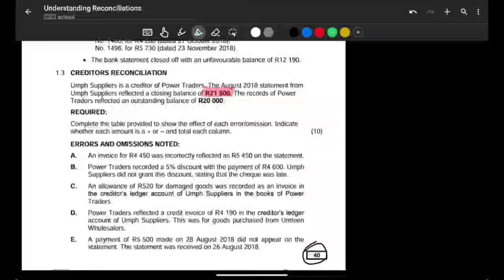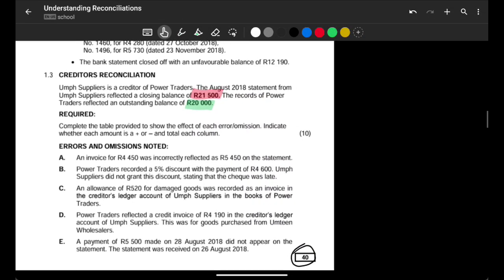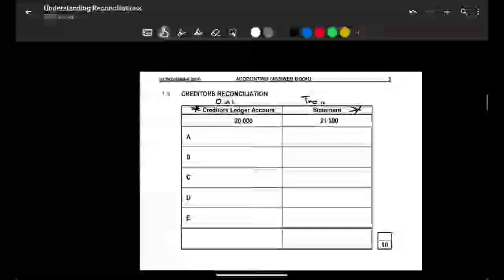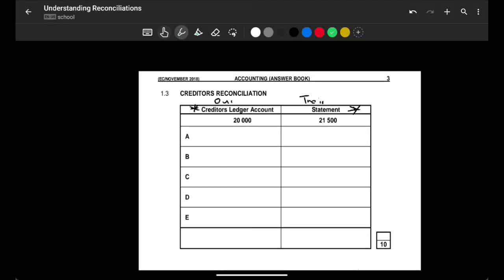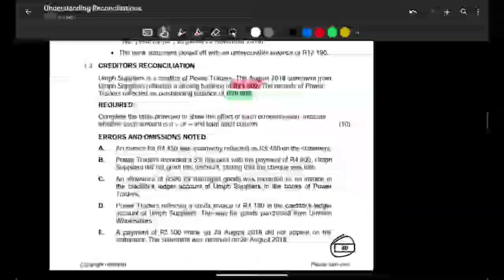And then the records of Power Traders reflected an outstanding balance of 20,000. We are Power Traders and they are Supplies, so our books say 20,000, and their books say 21,500. Now we can begin with the questions.